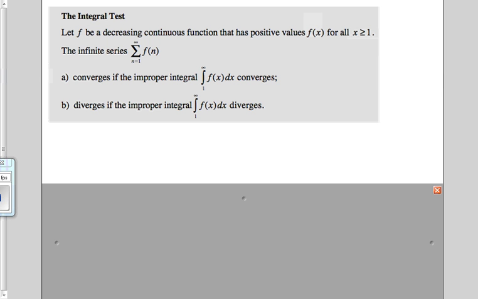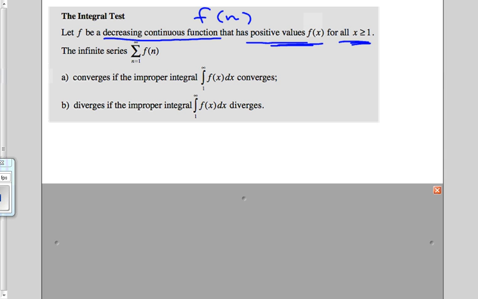In order to test for a series, we can use integration. We can think about some function f of n, and let it be a decreasing continuous function that has positive values for f of x for all x greater than or equal to 1.